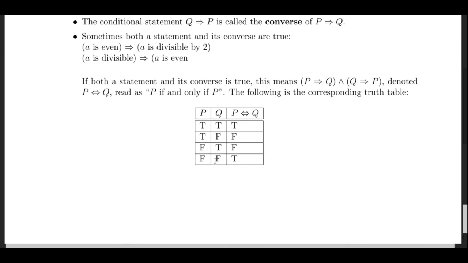If P is false and Q is false, then P implies Q, and also Q implies P, which is also true. So P if and only if Q is true. But as long as one of them is false, this is false.